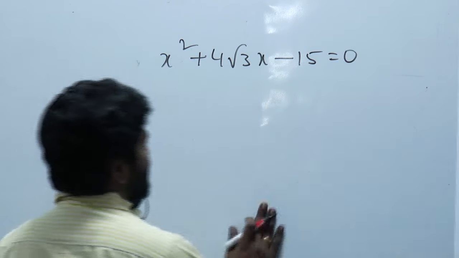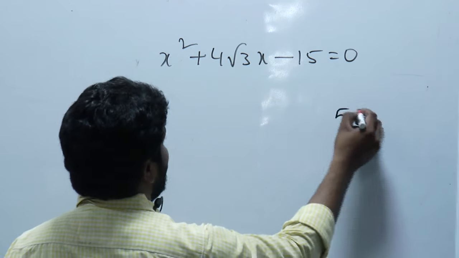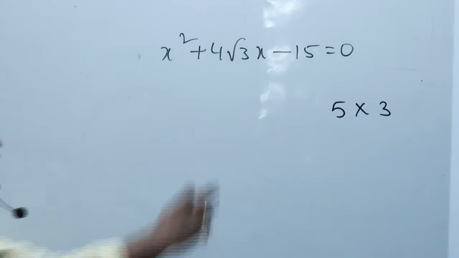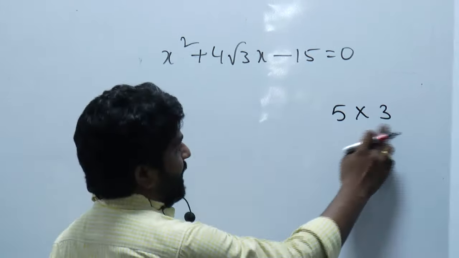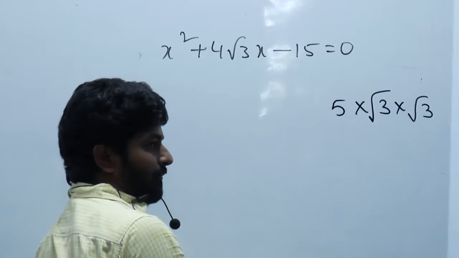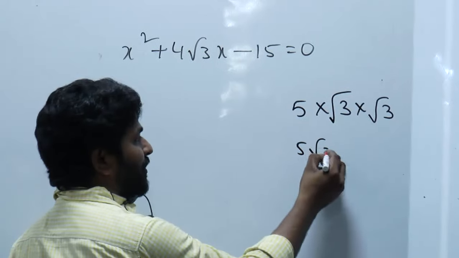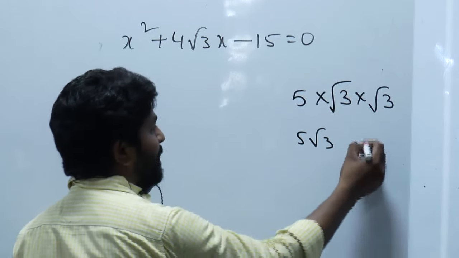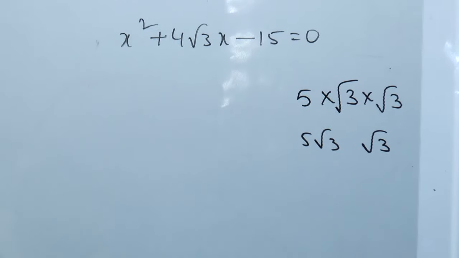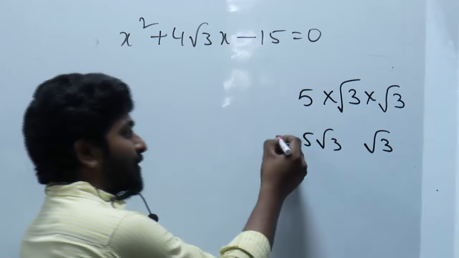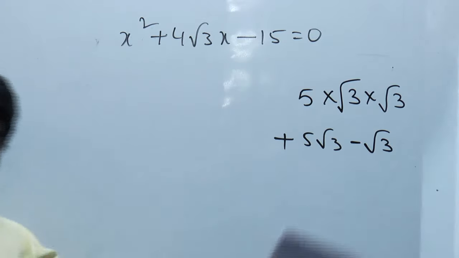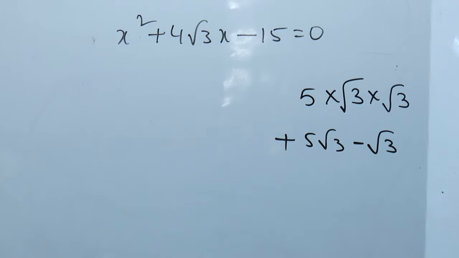I can write 15 as 5 into 3. I have root 3 here, so let me write 3 as root 3 into root 3. So one of my combinations is 5 root 3, 5 into root 3. The other combination is root 3. Here you have a positive number, so the product should be negative. So this is plus 5 root 3, minus root 3. The product is -15 but the sum is 4 root 3.